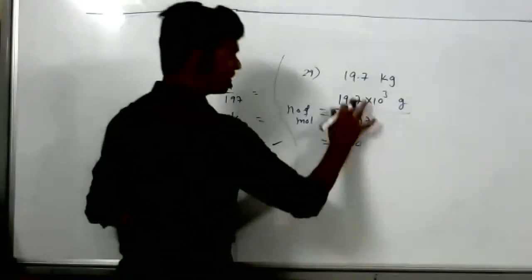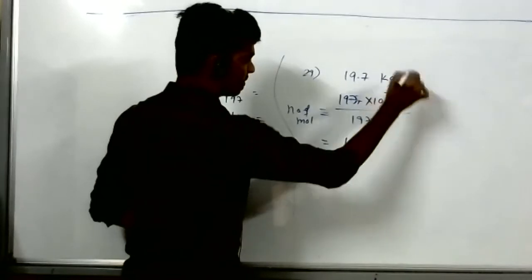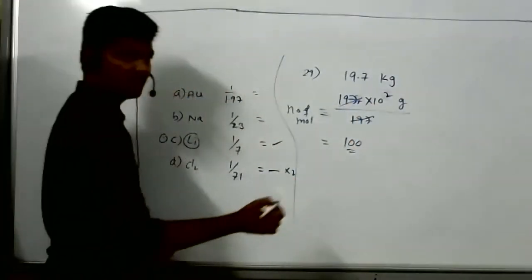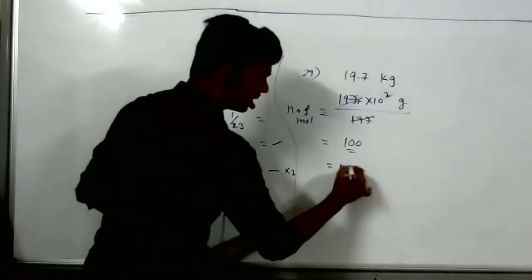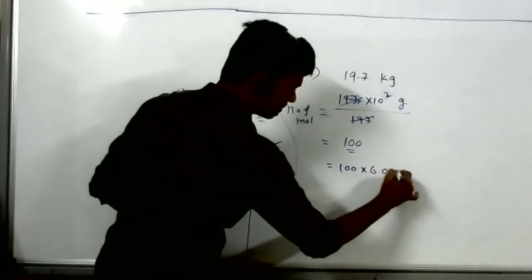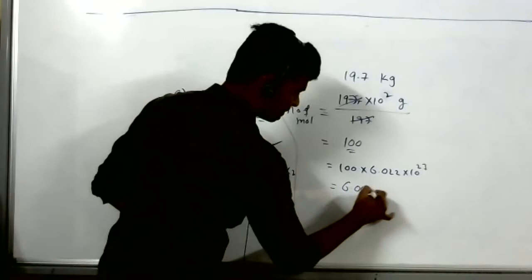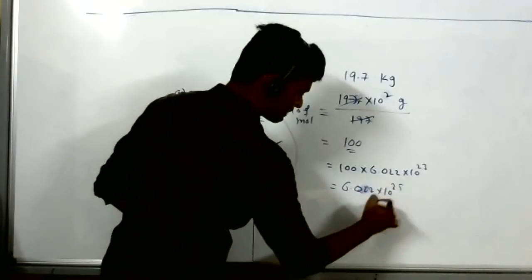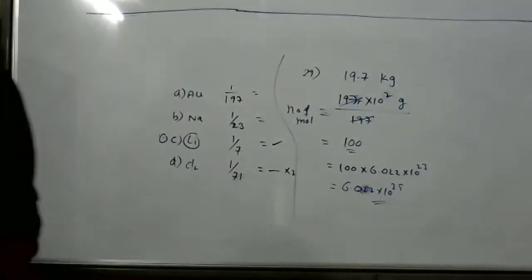So the number of moles is 100. Multiply this with Avogadro number and you will get the number of gold atoms. So 100 into 6.022 into 10 power 23, that is 6.022 into 10 power 25 is the answer. Option D, sir. Yes, option D.